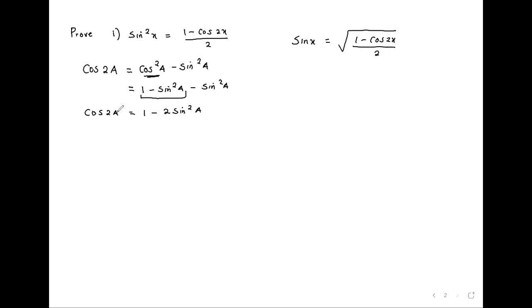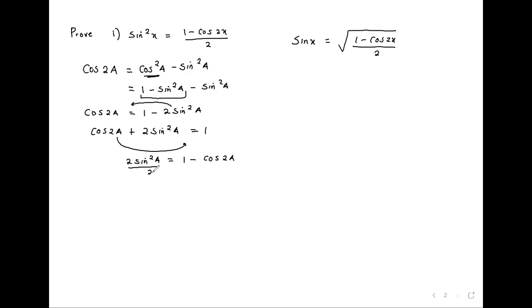And then we take this guy to the other side. We have cos 2a plus 2 sine squared a is equal to 1. Then take this to the other side. We have 2 sine squared a is equal to 1 minus cos 2a.